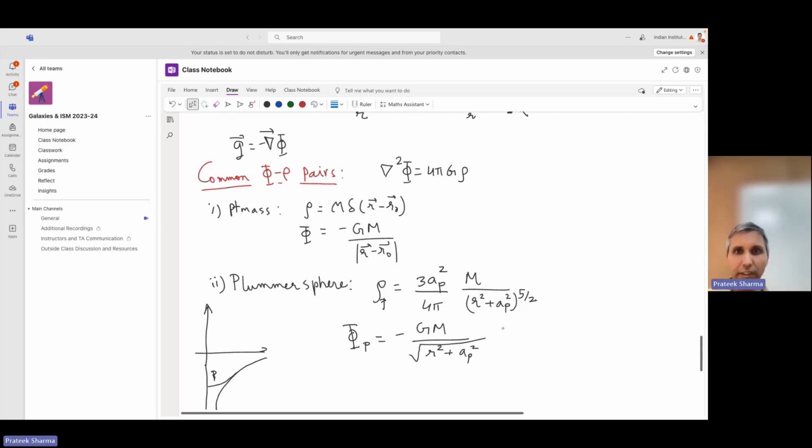This is used for numerical softening of the gravitational force in numerical calculations. At large r, it's like a point mass, at least in terms of the potential, right? And in terms of density too, the density falls really fast.